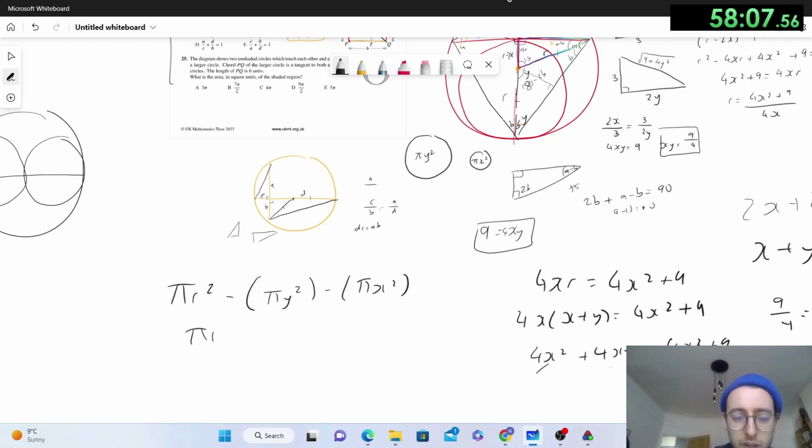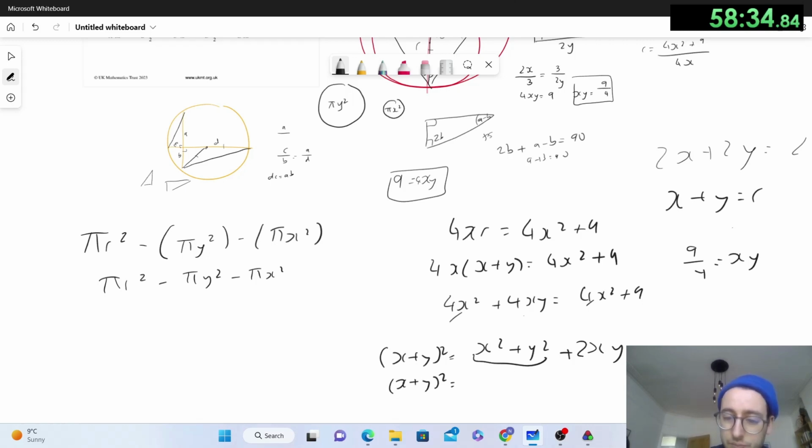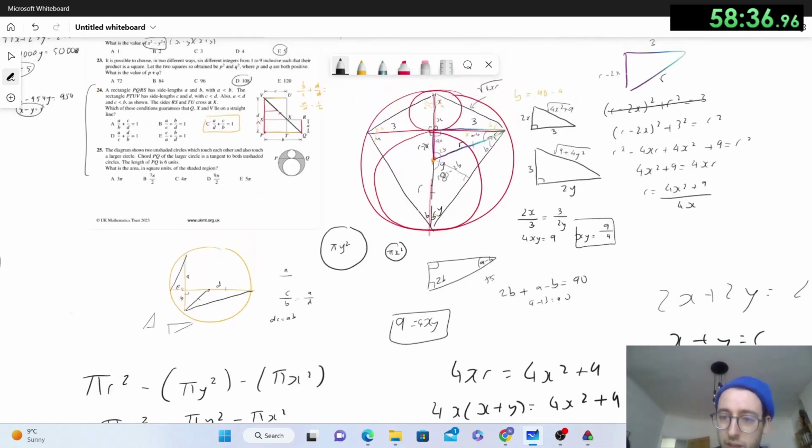So we've got pi r squared minus pi... And we've got x plus y is r, and (x plus y) squared equals x squared plus y squared plus 2xy.